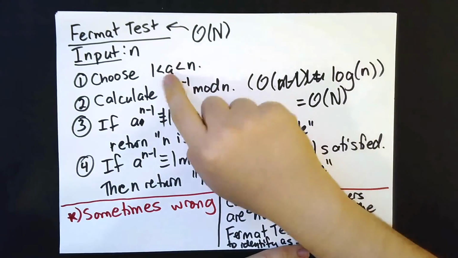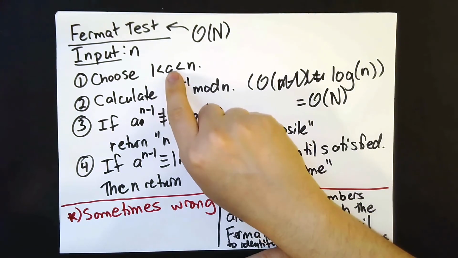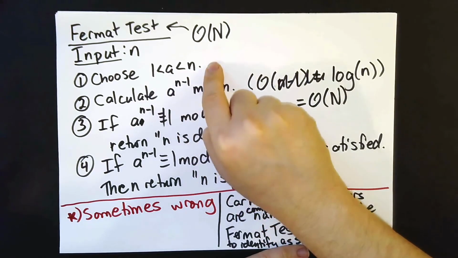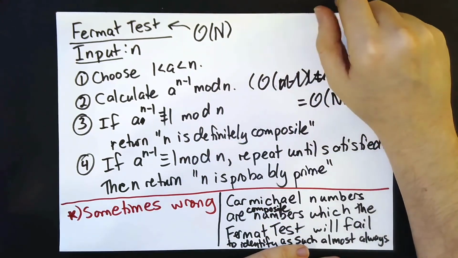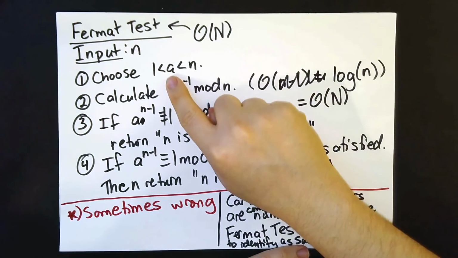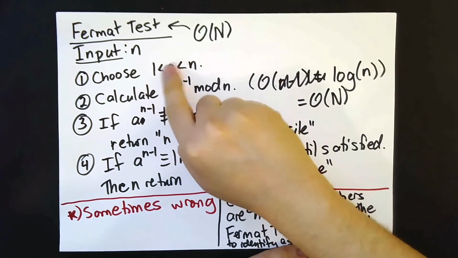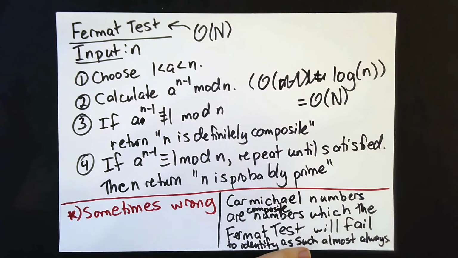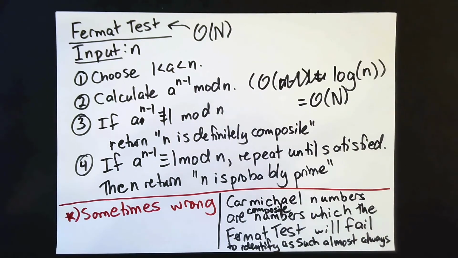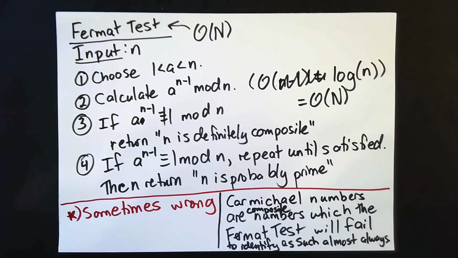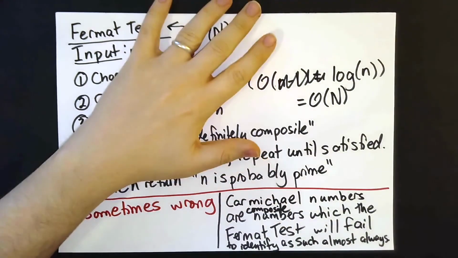In fact, probably, the A's I'm choosing, I'm probably starting at 1, trying 2, then 3, then 5, then 7, and so on down the line. So probably, actually, the probability might literally be 0 if I'm starting with the small A's. So that's really unfortunate, because it means in a certain sense that you might get not just unlucky, you might get really, really, really unlucky with your Fermat test.